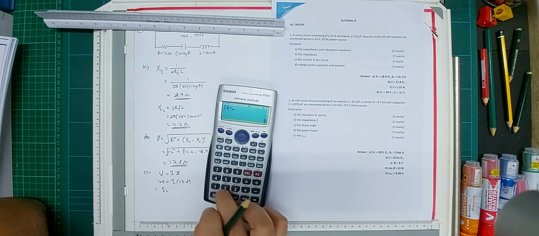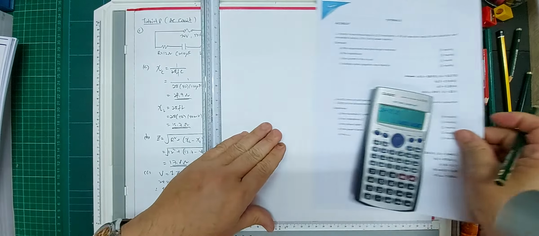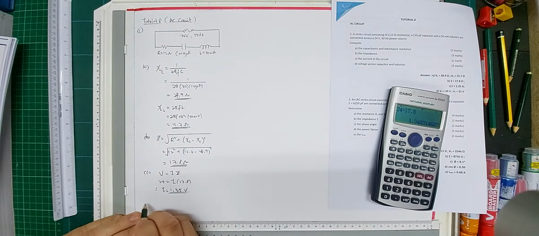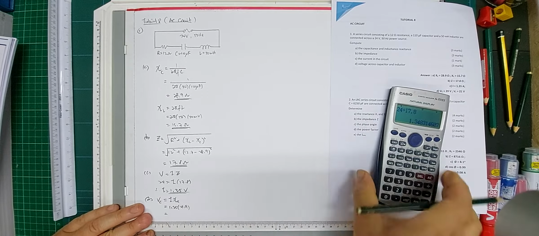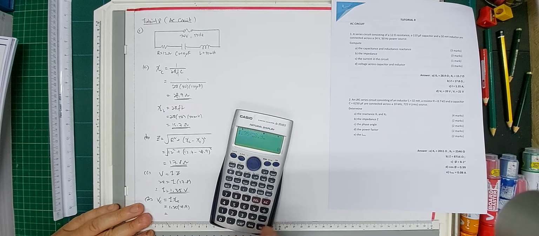Next one, voltage across. The voltage across our capacitor and inductor. Voltage across the capacitor is the I you calculated times chi C. So 1.35 times 28.9 is 39 volts.